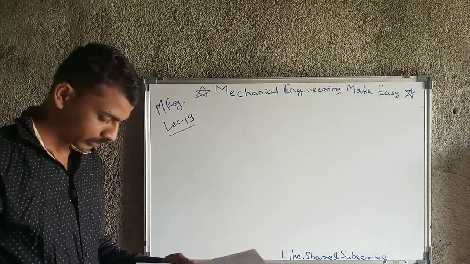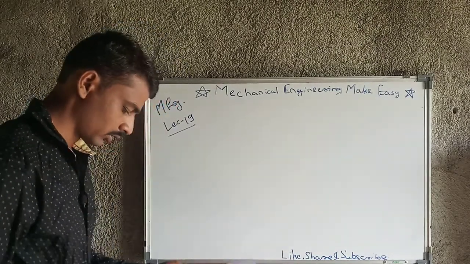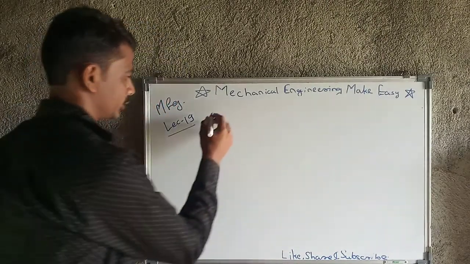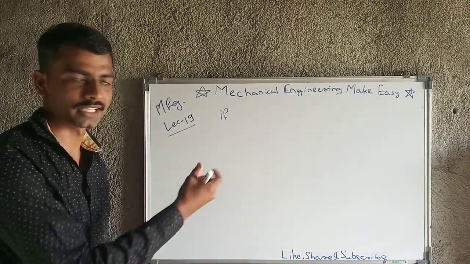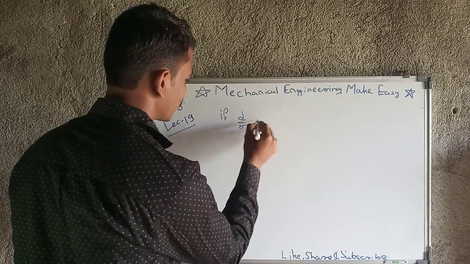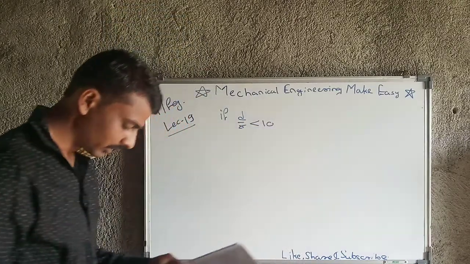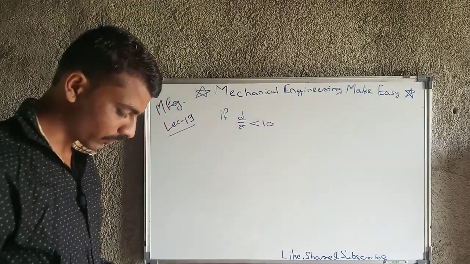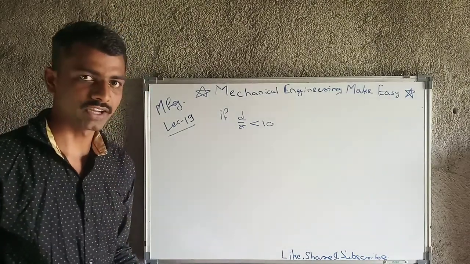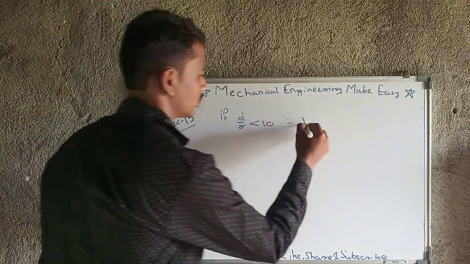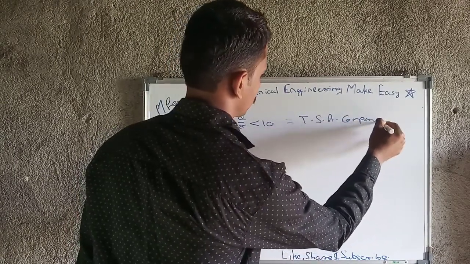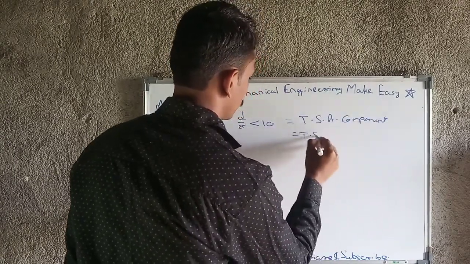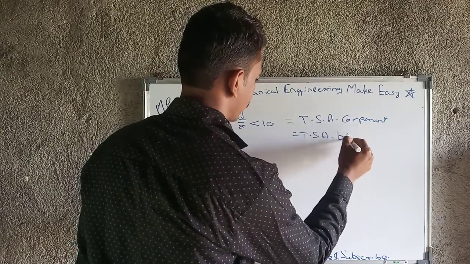And what is that? Yes, if that D by r ratio, we are moving with the same, that is nothing but blank size. If the D by r ratio is less than 10, then the total surface area of component will equal the total surface area of blank.